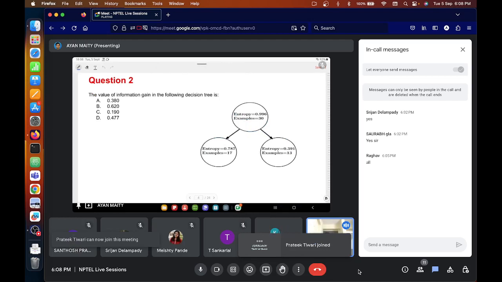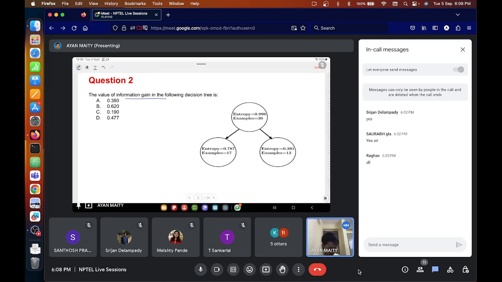Now we move on to question 2. A diagram is given. This is a small decision tree with only one root and only two leaves. You have to find out the value of the information gain for this decision tree.